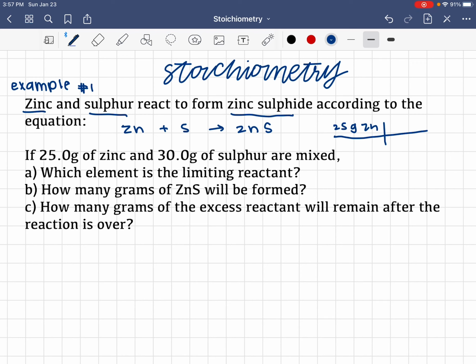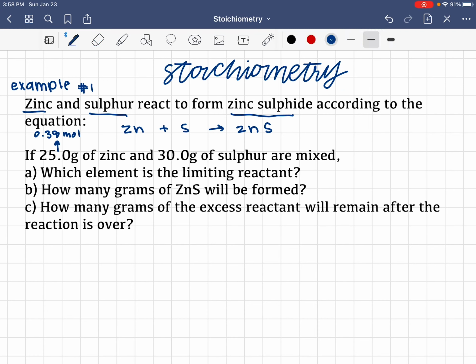When we look at zinc on our periodic table, we see that it's 65.38 grams, and that is how much is 1 mole. So when we do this, we get 0.38. So we know 25 grams of zinc is equivalent to 0.38 moles of zinc.